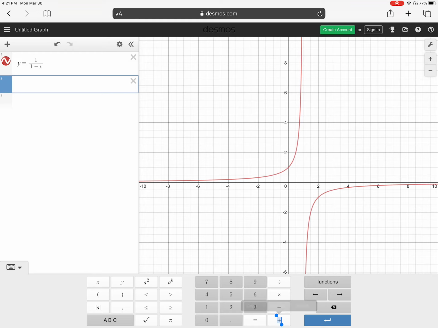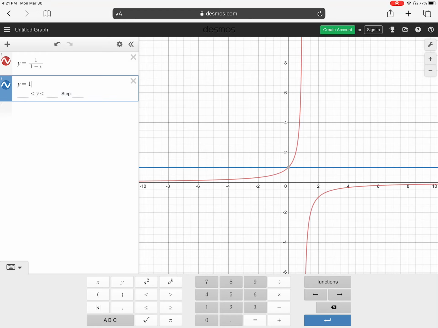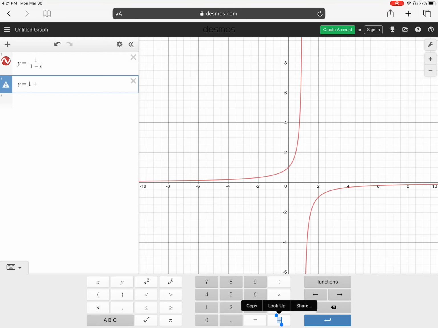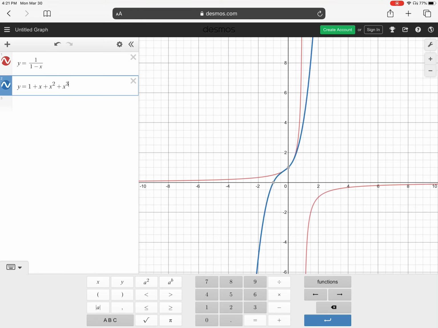We just do several. The first one is 1. Okay, the blue line. Clearly, it's not great. But now let's add one more. Let's add x. Okay, and then let's add x squared. Let's do more terms. x cubed, x to the 4th.